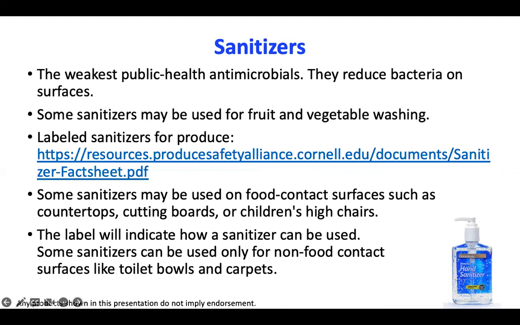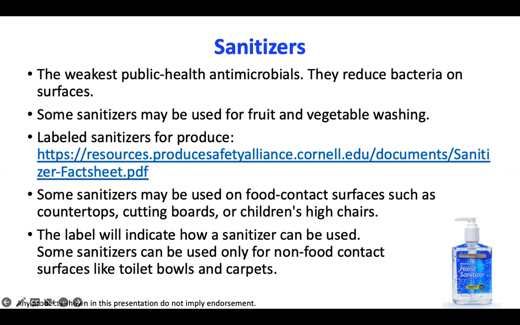Based on the label, some sanitizers may be used for fruit and vegetable washing. I put labeled sanitizers for produce here in the slides because while we're dealing with food safety, there are also food contact surfaces, non-food contact surfaces, and fresh produce.